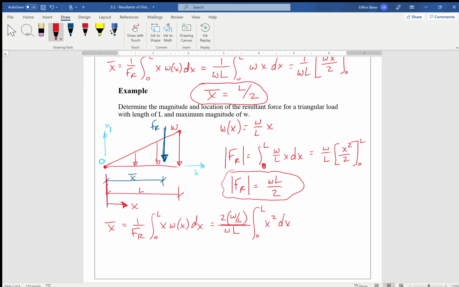So W's cancel, and what we end up with is just 2 over L squared times x cubed over 3 evaluated from 0 to L. And what we find then is that x bar is just equal to 2/3 L.